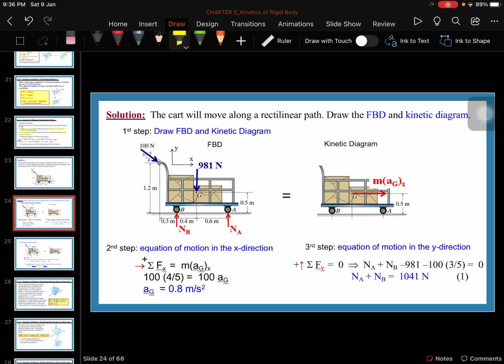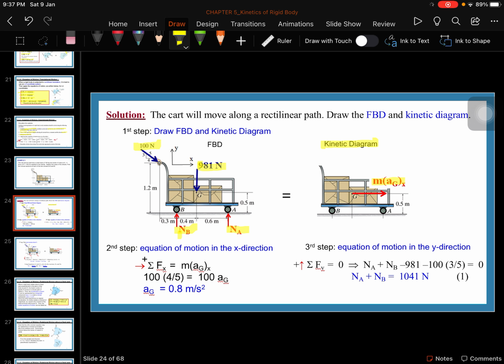First, at the wheels, we have normal forces at B and A, and then the weight, 100 times 9.81. And then you have the external force, 100 Newton. Any other forces? No. Next, you draw the kinetic diagram and label the direction of a. So a is moving to the right.